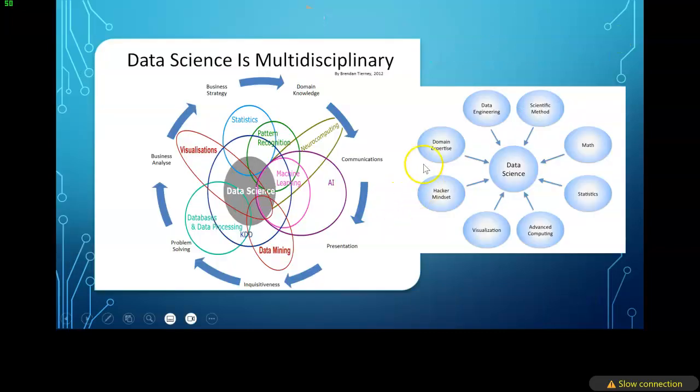So coming here, this is the multidisciplinary nature of data science. As a data scientist, like I said earlier, you should be good at math, stats, computing, programming, visualization, charts, graphs, to be able to understand data, with a hacker mindset and critical thinking. In the data science multidisciplinary understanding, you should have the domain knowledge first. Communication.